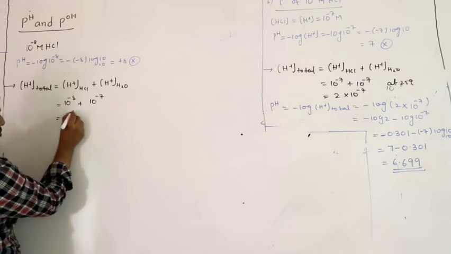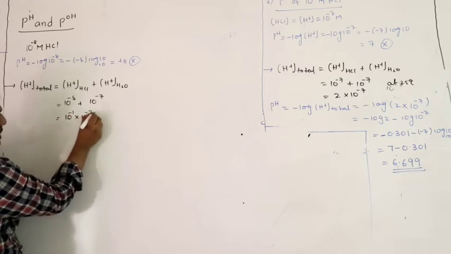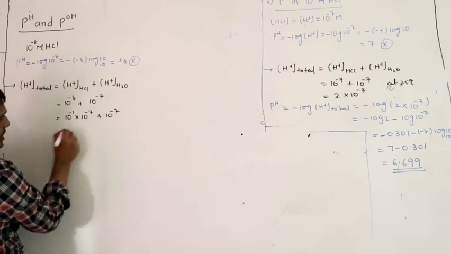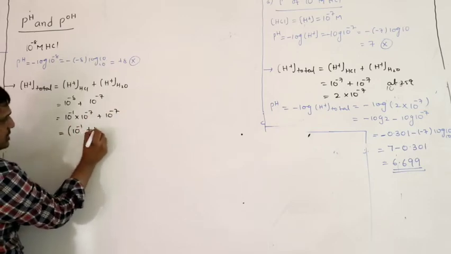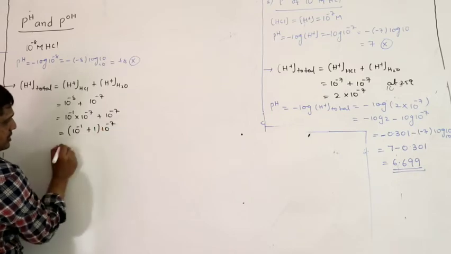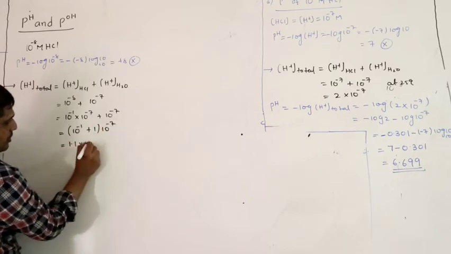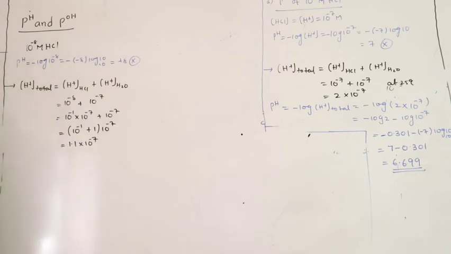So I can write it as 10 power minus 1 into 10 power minus 7 plus 10 power minus 7. I can take 10 power minus 7 common: 10 power minus 1 plus 1, into 10 power minus 7. So this is 1.1 into 10 power minus 7. So the actual total H plus ion concentration is 1.1 into 10 power minus 7 molar.